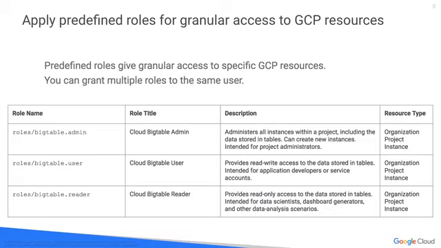You can grant multiple roles to the same user. For example, the same user can have network admin and log viewer roles on a project and also have a publisher role for a Pub/Sub topic within that project. As an example, roles for Cloud Bigtable are provided. For more information on predefined roles, please see the resource link available in the download section below.